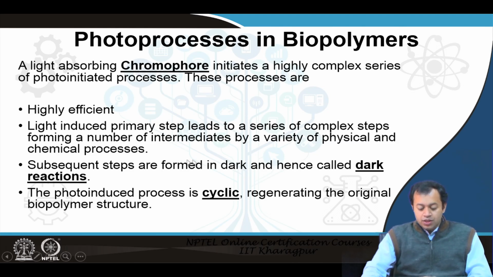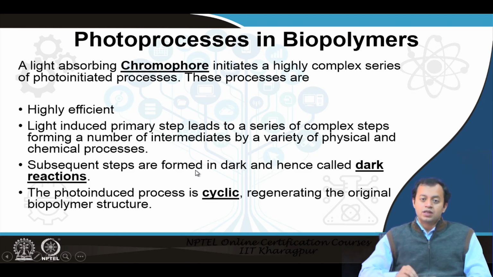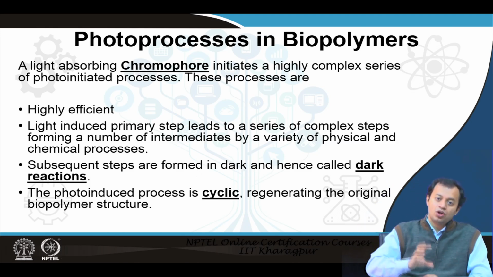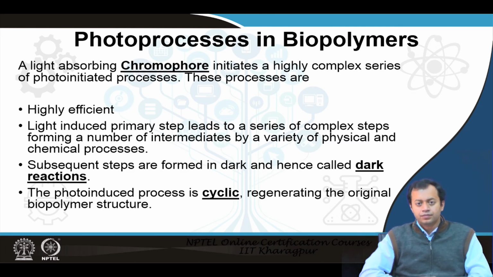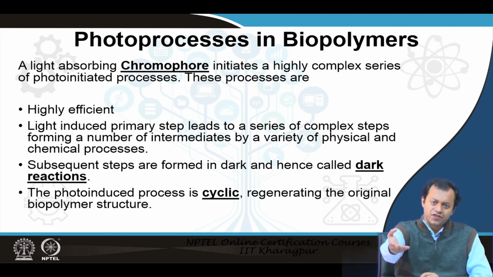Now, the subsequent steps are performed in the dark and hence are called dark reactions, meaning that once the light has hit that molecule and a chain reaction has started, you may or may not require the light to continue. The light can be switched off. Whatever the chromophore needed to do, it has already done, and now the domino effect has started.